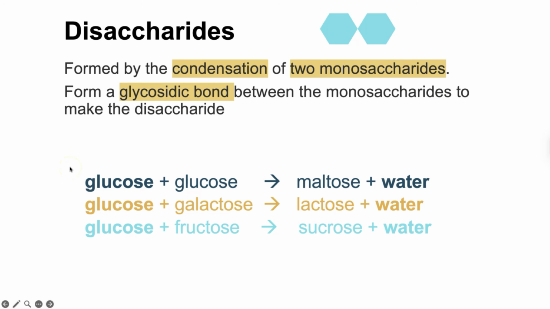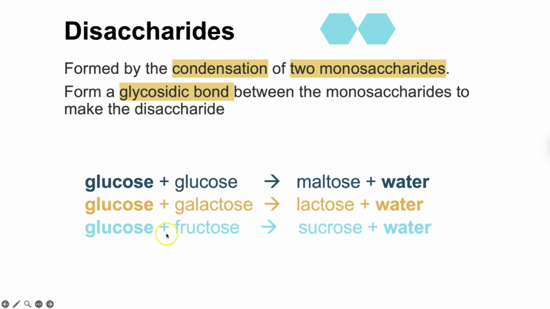So ways to try and make this a bit easier to remember is, first of all, all of them contain at least 1 glucose molecule, which is why I've put those glucose in bold. Maltose has got 2 glucose, so that's what you need to remember for maltose. Lactose is made up of glucose and galactose. That one's probably an easy one to remember because galactose has lactose within the name.